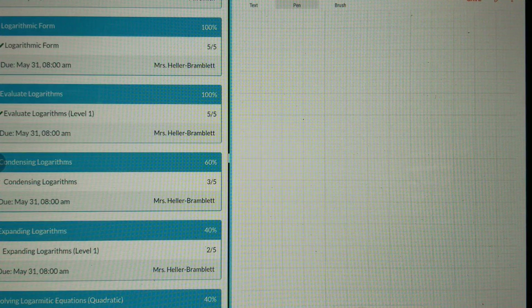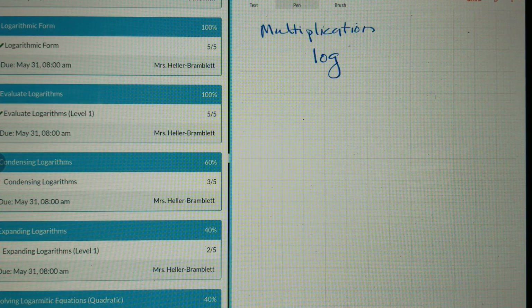All right, multiplication. If we have a log of two numbers, let's say a log of 5x, that is the same as, if you think about exponents, when we multiply exponents, we add them, and these are really exponents.